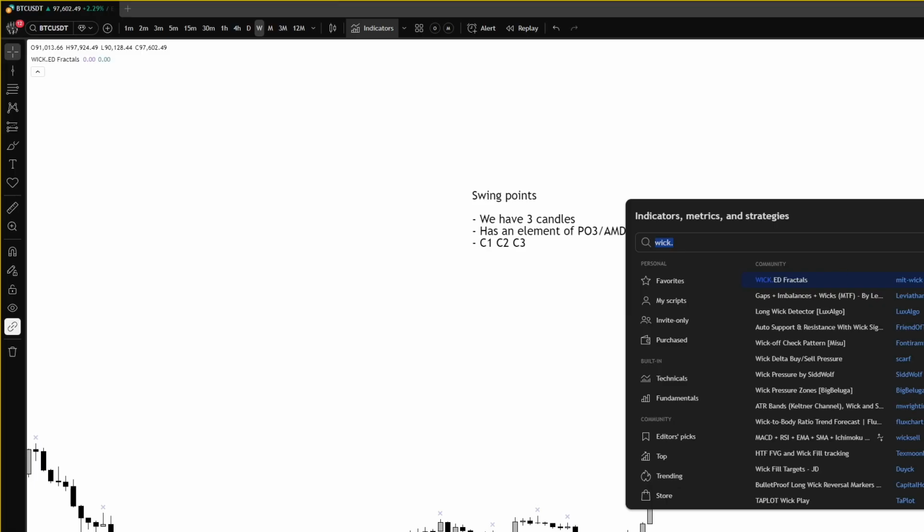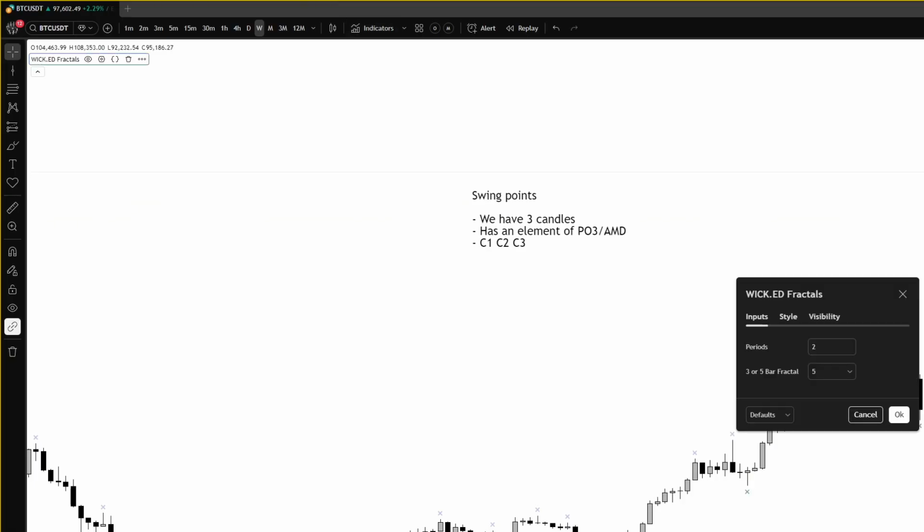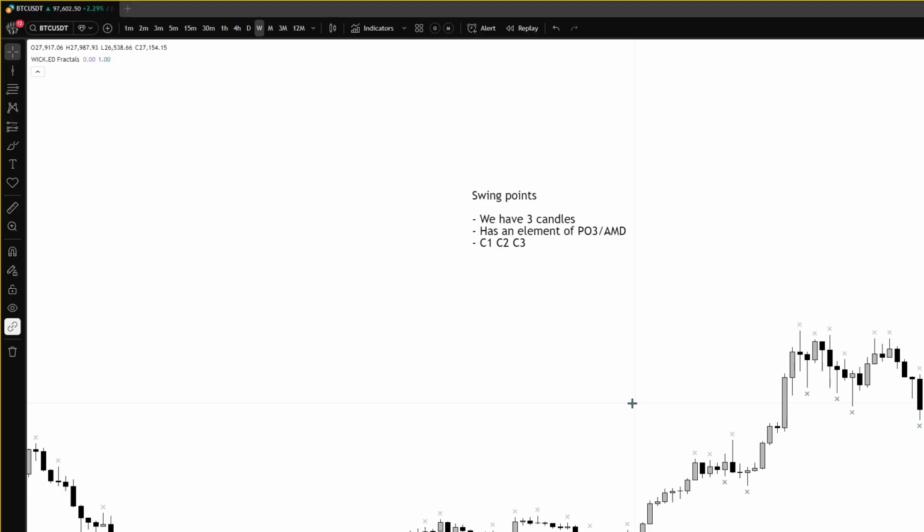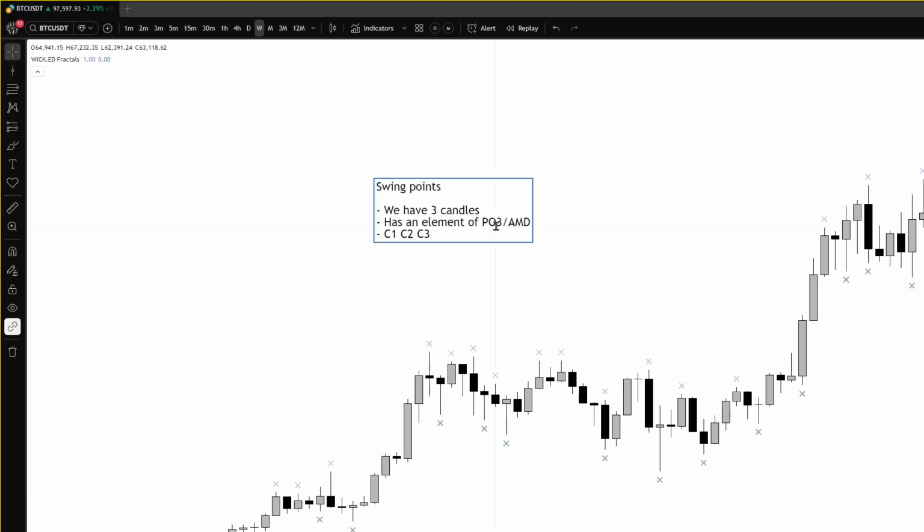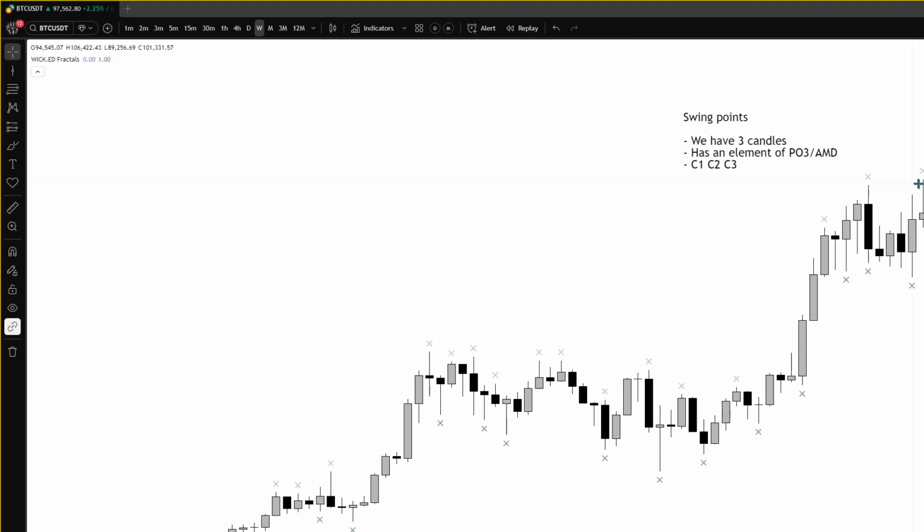So just use this indicator to cross-reference and make sure that the setting is 3 instead of the 5. What's happening right now is the highest points and the lowest points in the market, the swing points, are being mapped out.